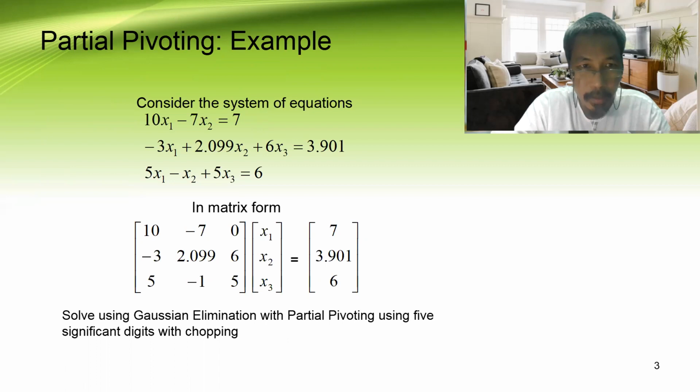So we have 10x1 minus 7x2 is equal to 7, negative 3x1 plus 2.099 x2 plus 6x3 is equal to 3.901, 5x1 minus x2 plus 5x3 is equal to 6.